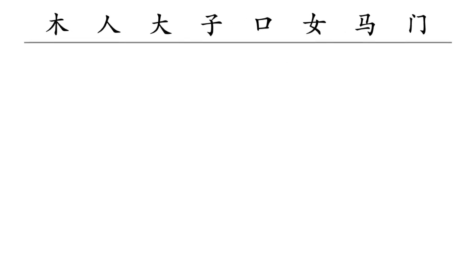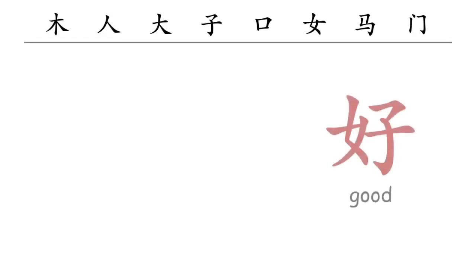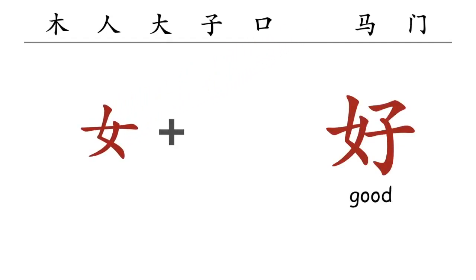What do we have here? We would take 2 characters from the first category, then make a new character. For example, the character indicating good. What is it made of? We have female, which we just saw, on the left side. And on the right side, we have the character that means child.